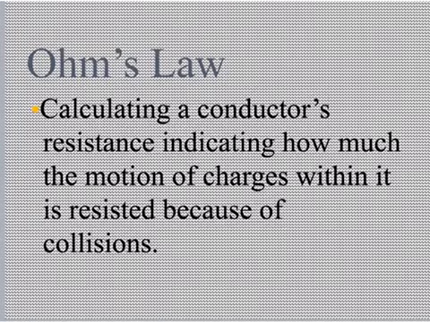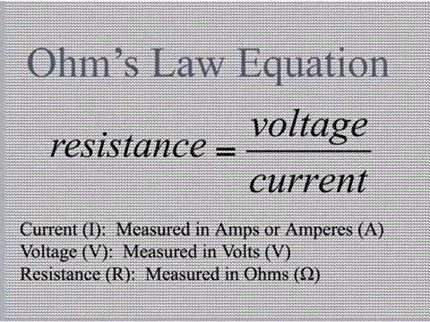So Ohm's law is calculating a conductor's resistance, indicating how much the motion of charges within it is resisted because of collisions. So here is the equation that we use to calculate Ohm's law. The equation is resistance equals voltage over current.